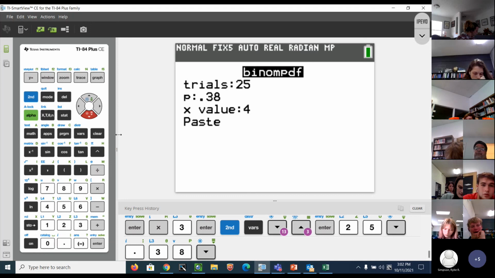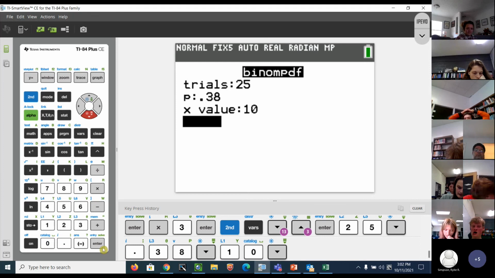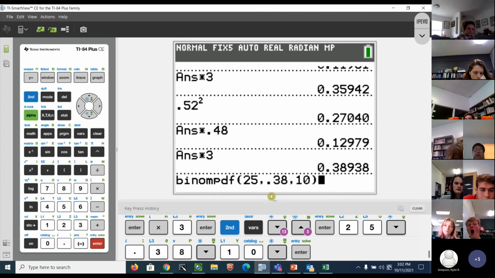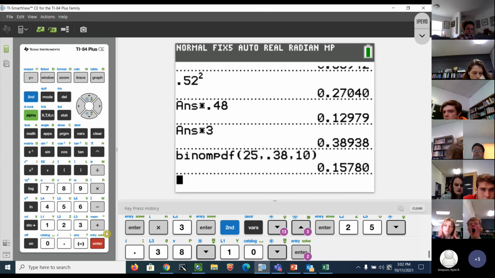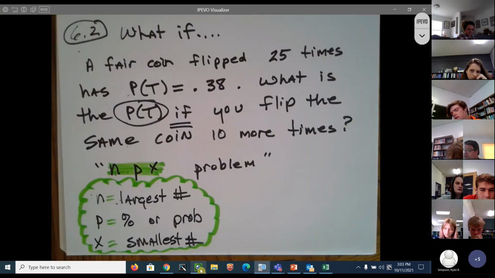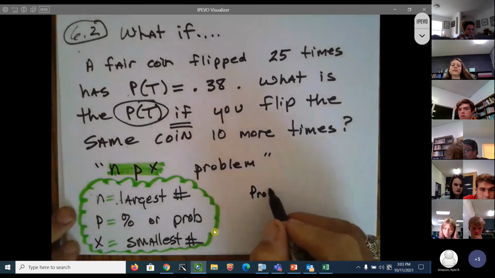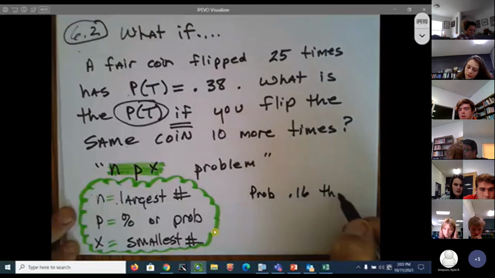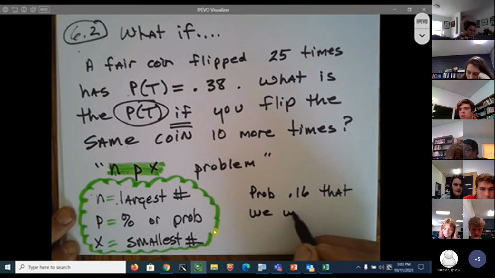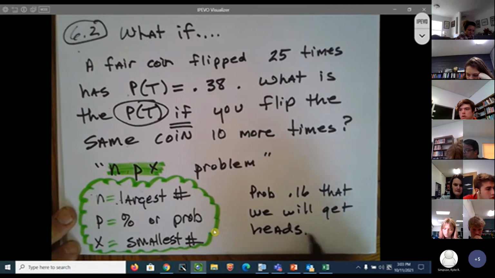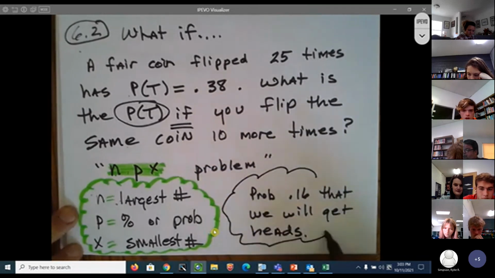And what is the probability if I flip that coin 10 more times? And enter. So I've got a 16% chance. So there is a probability of 0.16 that we will get heads if we do it 10 more times.